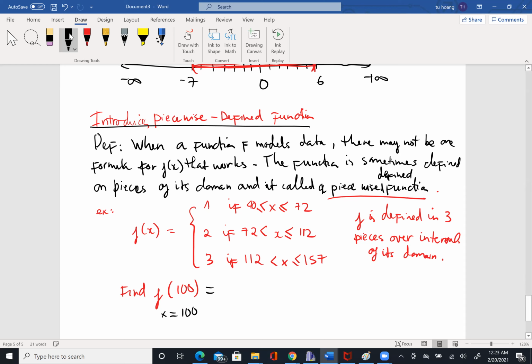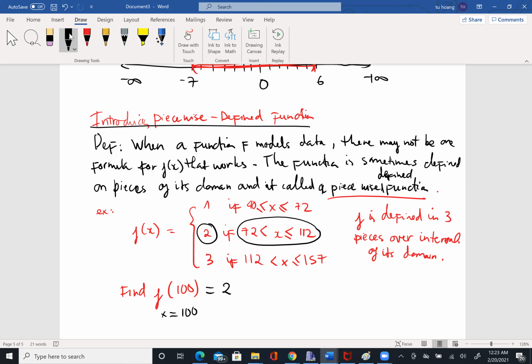Look at x equal to 100, which is in this interval, because 100 is between 72 and 112. So f of x is equal to 2. So the answer is going to be 2 here.